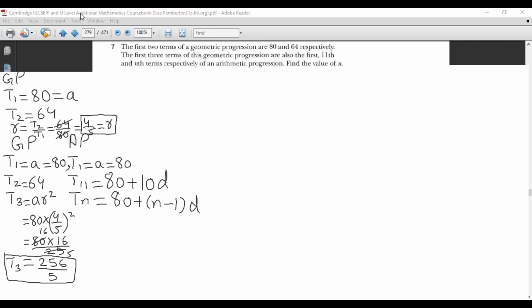They are saying we only have to find the value of n. So I will compare these terms to form equations, and then I will get the result which is needed.